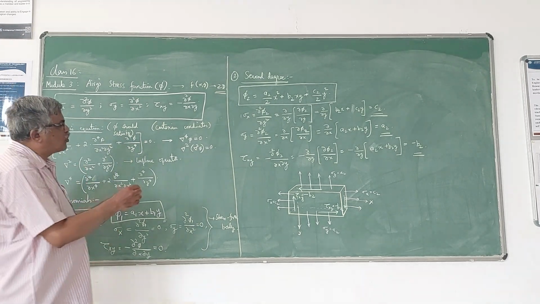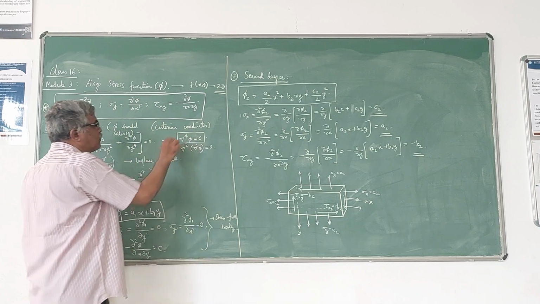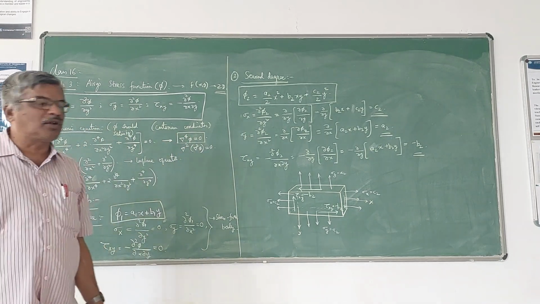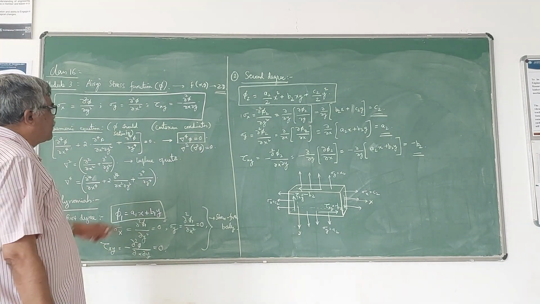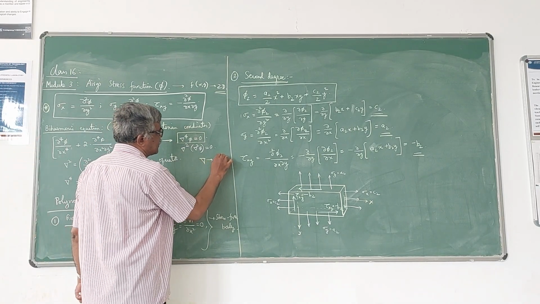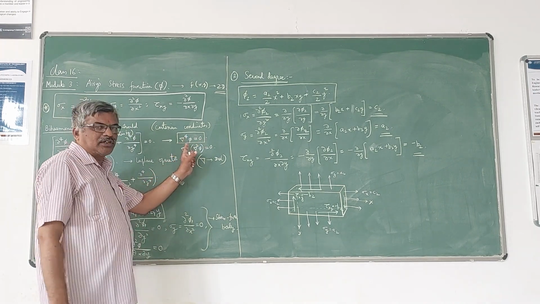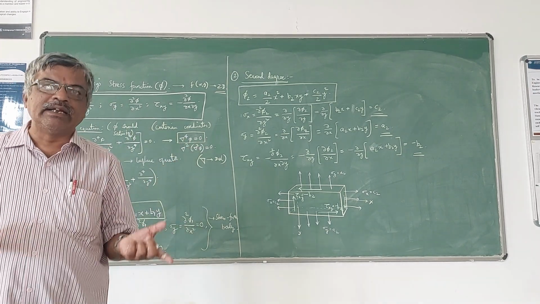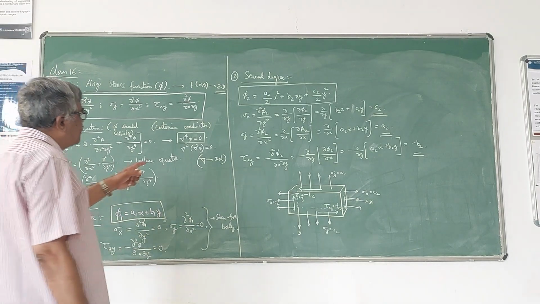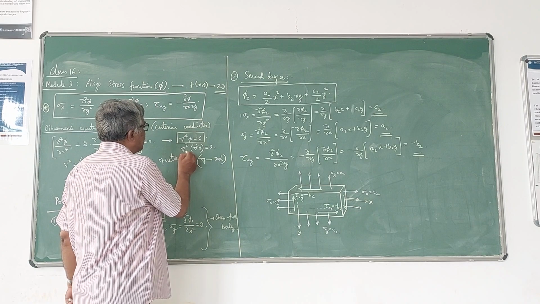This can also be expressed in another form like this: del power 4 phi is equal to 0. Actually this is del, the Greek symbol. So del power 4 phi is equal to 0, or this del power 4 can be split as del square of del square phi is equal to 0. Like this you can write.